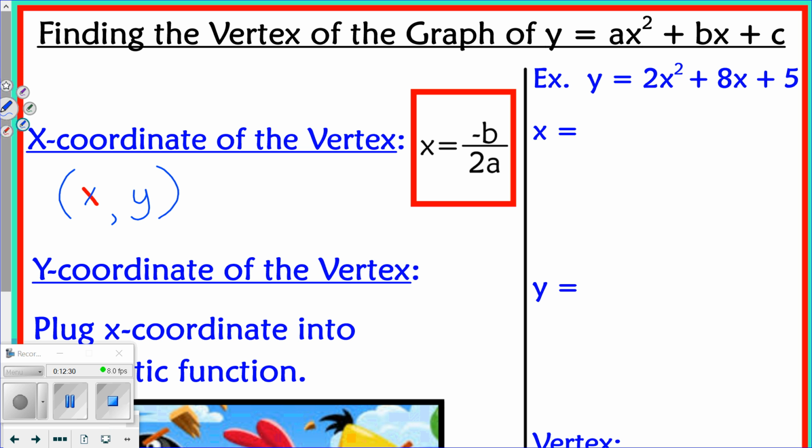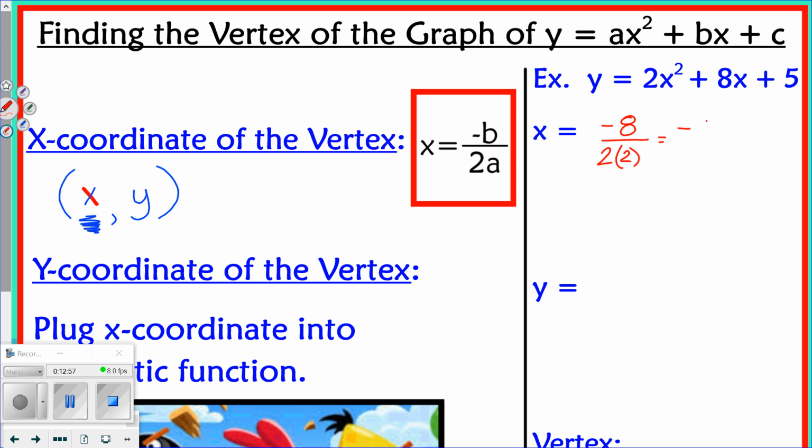All right. Anyway, so first we need to find the x-coordinate of the vertex. So we're going to find this part right here. To do that, we use negative b over 2a. You're going to want to memorize that. Negative b over 2a. So here's my problem, we're going to find the x-coordinate first. We do the opposite of b, which would give me negative 8 over 2 times a, 2.